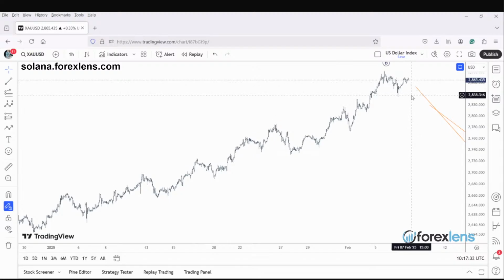So a push below that low today can really do the trick. The daily chart suggests the next move in gold, if price action holds below 2882, and the next targets could be 2804 and 2757.